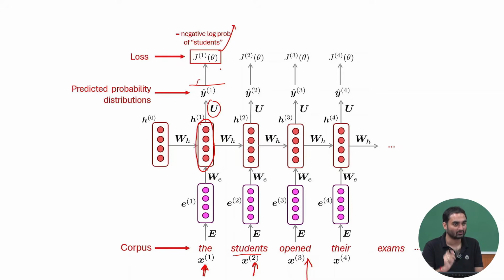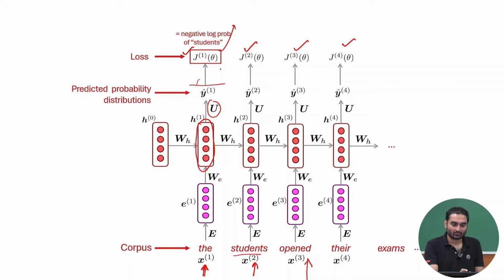So students is my ground truth, but the output I obtained here is teachers. So what is the loss? The difference between the students embedding and the teachers embedding. How do you do this? We use cross entropy. So we measure a cross entropy here, similarly a cross entropy here, here, and here. There is a small twist here.